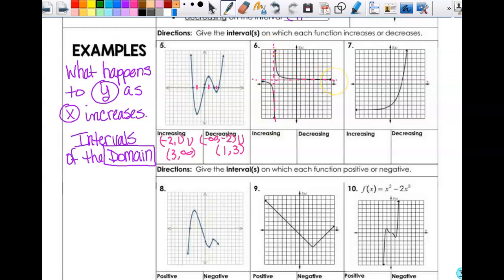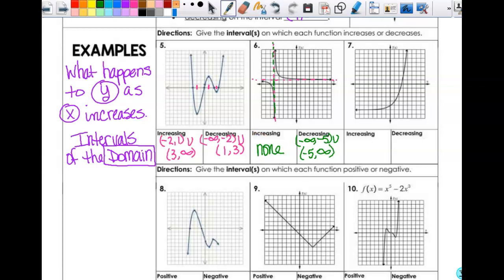So it's decreasing the entire time. However, it's not decreasing over the entire domain, because at -5, I have an asymptote, and it's not increasing or decreasing. So it's decreasing from negative infinity to -5, and then from -5 to infinity. See, and I'm not including that -5. That's why I have to split it up. And then it's increasing none, because it's decreasing the whole time.